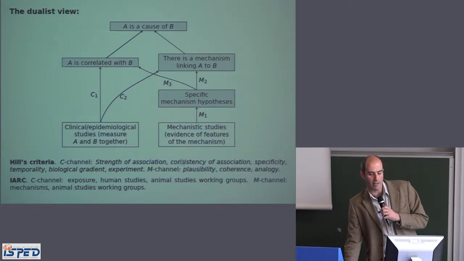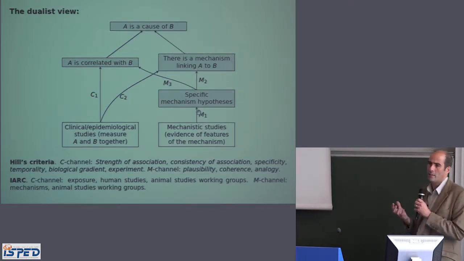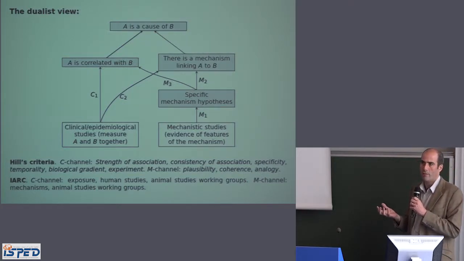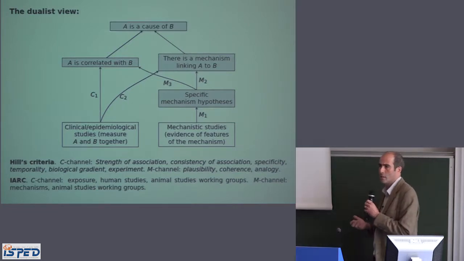But some of the criteria, he's got three called plausibility, coherence, analogy. You can conceptualize these as handling confirmation from evidence arising along the M pathways that I've labeled in this picture here. So these are about fit of the causal connection to biological evidence, evidence of the underlying mechanisms.